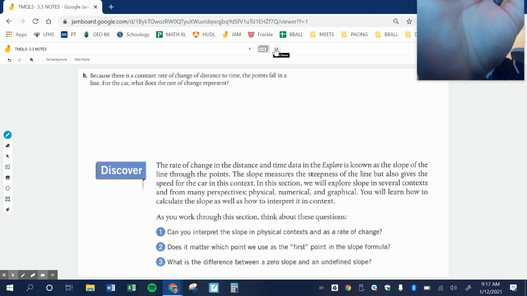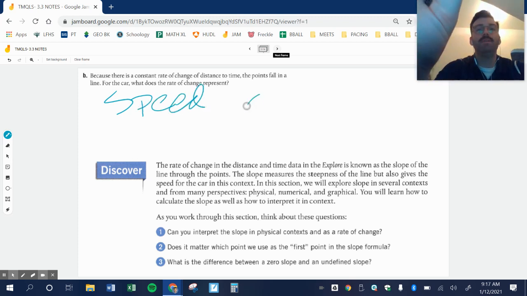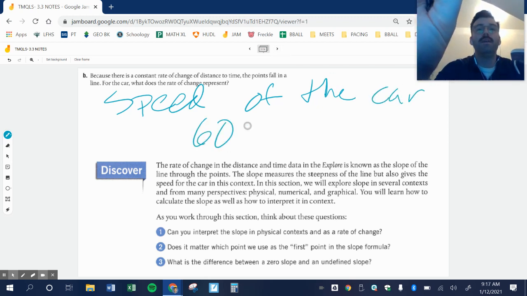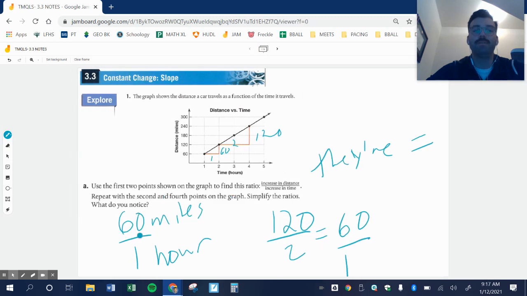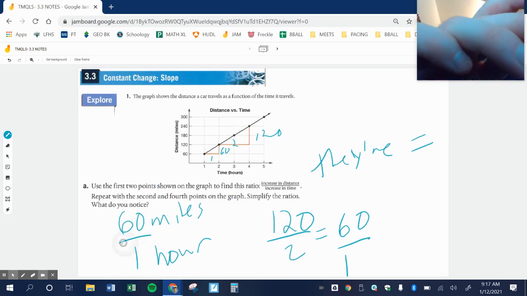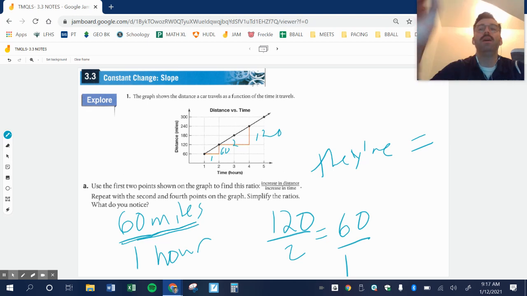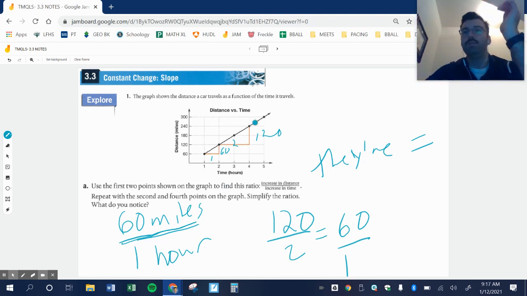So it represents the speed of the car, which is 60 mph. That's how we're used to writing it, as 60 mph, miles per hour. This is also where you can write it, how we had on the first slide, miles, and then the fraction bar. When you're dealing with word problems, I think of it as the word per. Okay, so 60 miles per 1 hour.